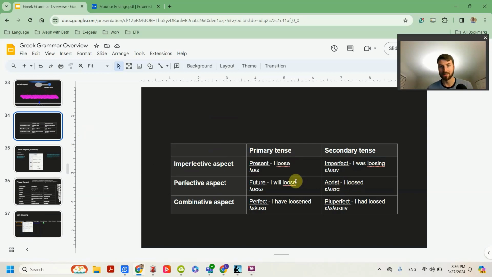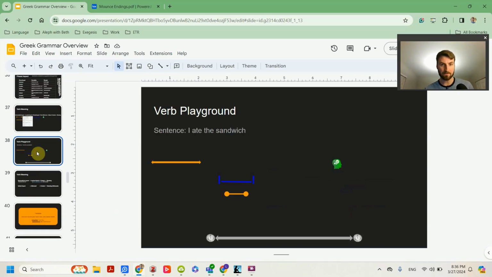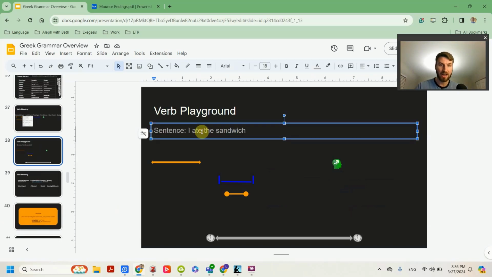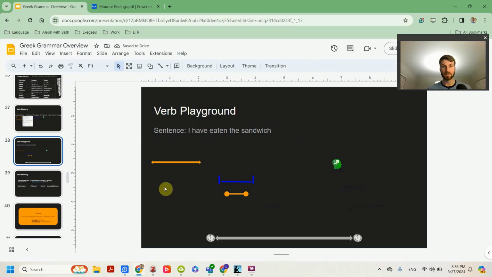Okay, next is the combinative aspect. So let's start with the primary tense, the perfect. I have loosened. So let's go down to our diagram, or I will say, I have eaten the sandwich. Okay, so imagine my mom talking to me, and she says, Luke, eat your sandwich.